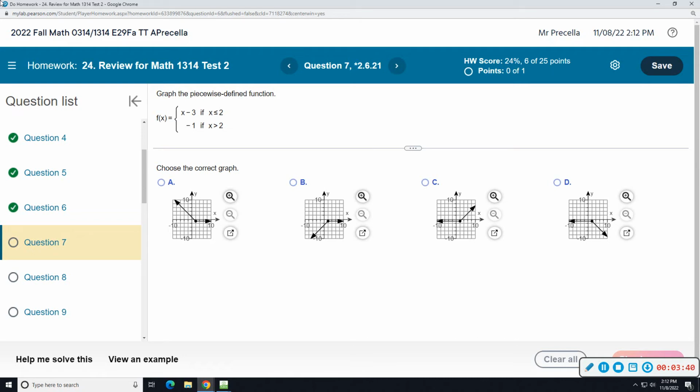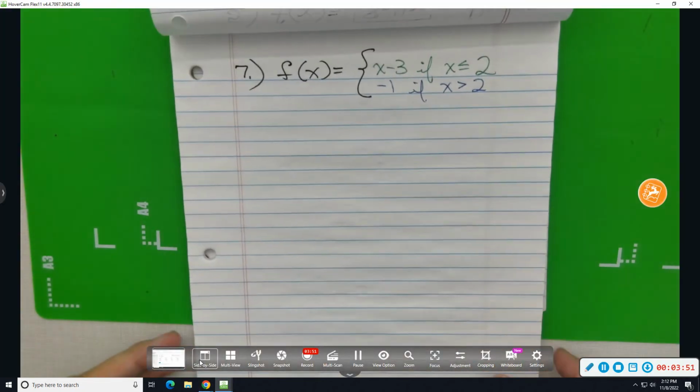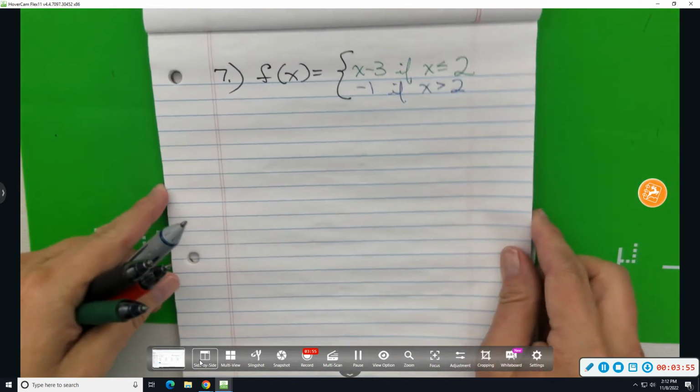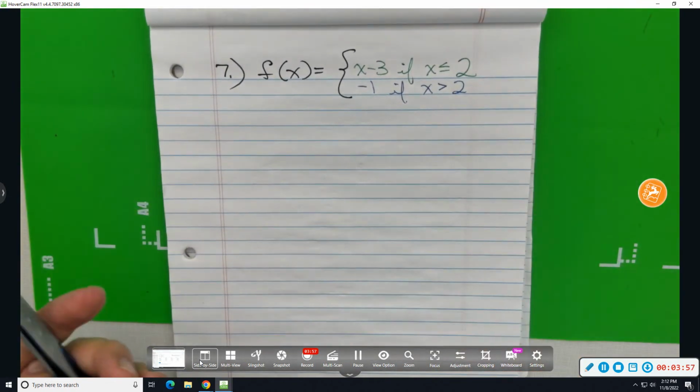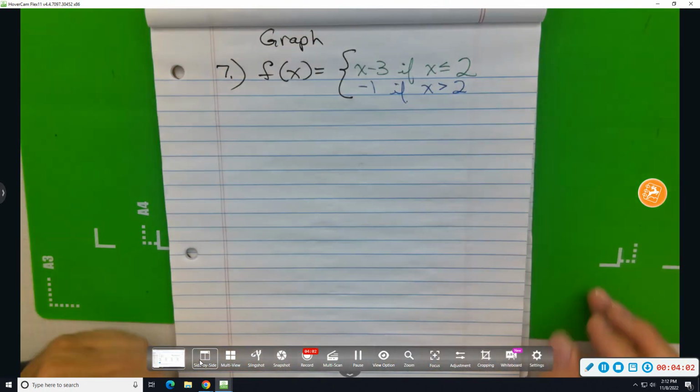Let me make sure I didn't miscopy the problem. Okay. Here's the function they want us to graph.